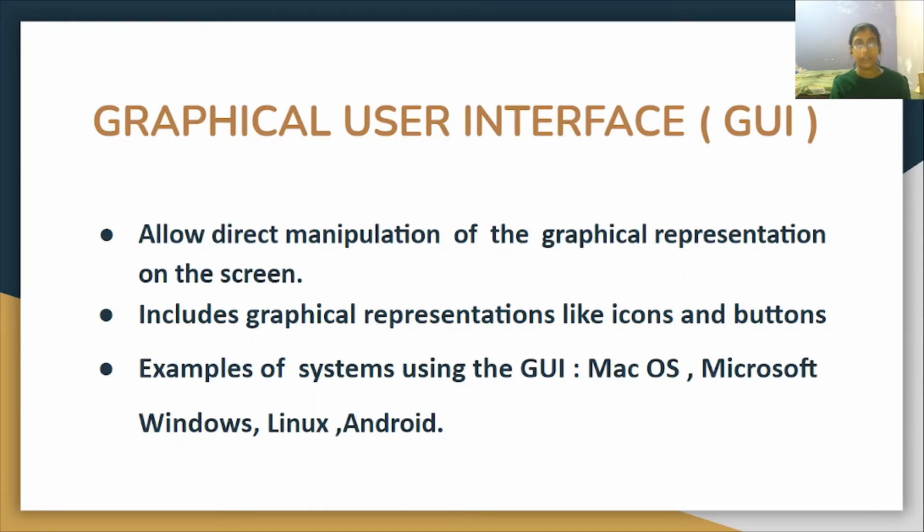The graphical user interface is user friendly and easy to understand. It provides various icons which users can use to interact with the interface. Examples include the Mac operating system, Microsoft operating systems, etc. It provides various functionalities, and hence users can easily interact with it.